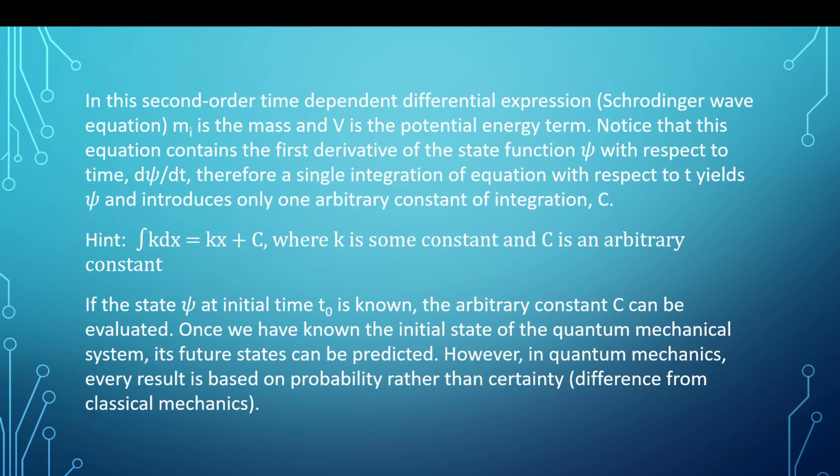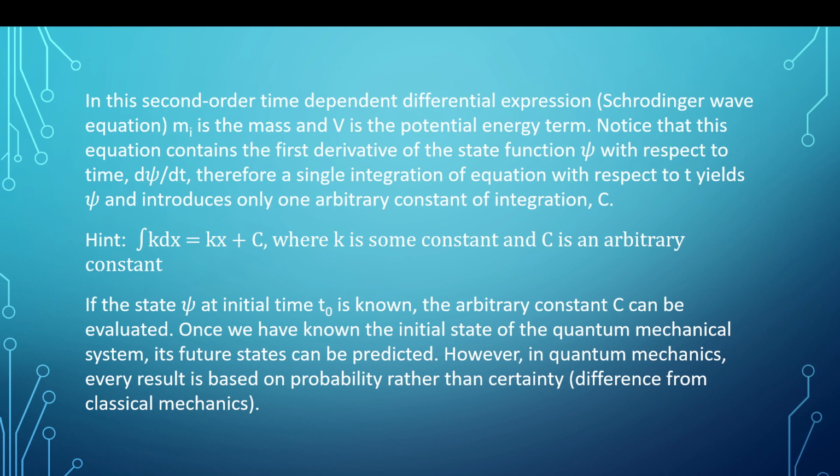In this second order differential time dependent equation, mi is the mass of ith particle, v is the potential energy. Equation contains the first derivative of the state function psi with respect to time t, that is d psi over dt.